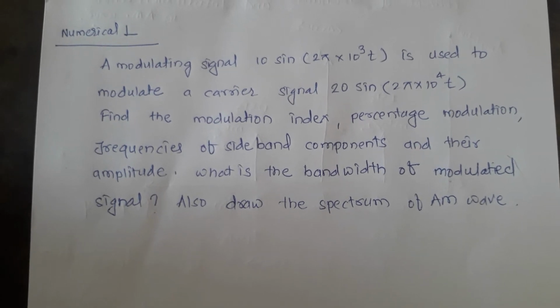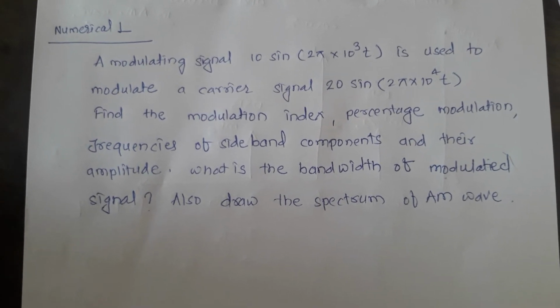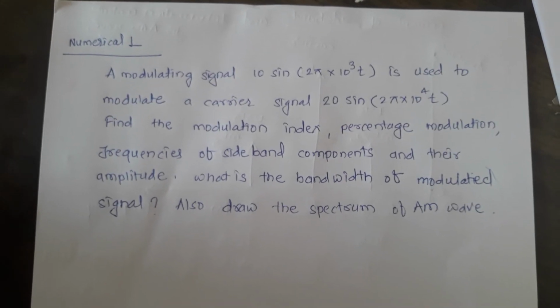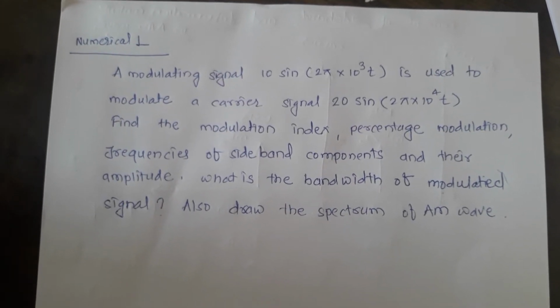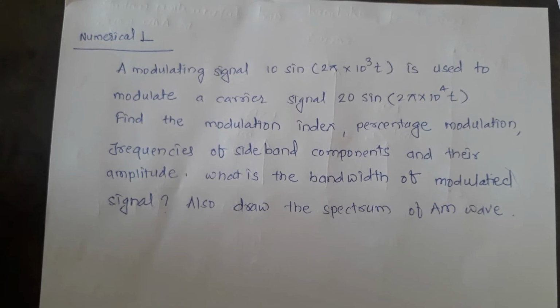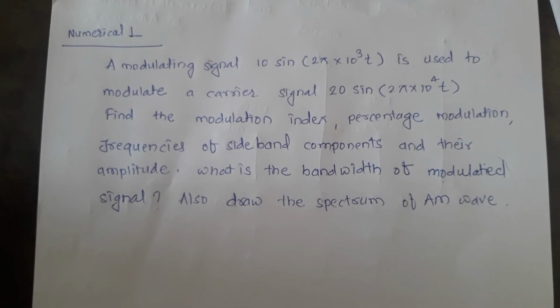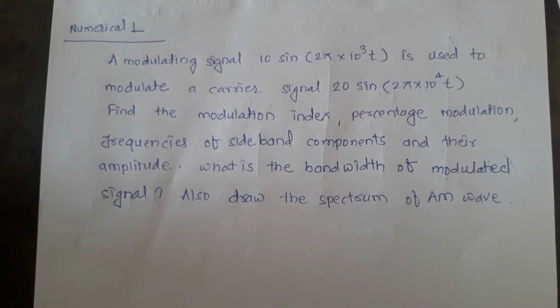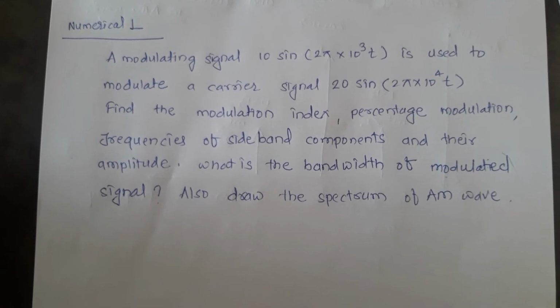In this numerical, the statement is: a modulating signal 10 sine 2 pi 10 raised to 3 t is used to modulate a carrier signal 20 sine 2 pi 10 raised to 4 t. So these two pieces of information are given.